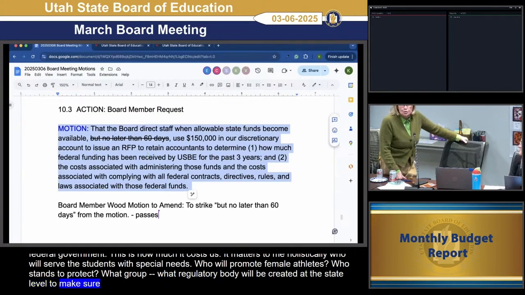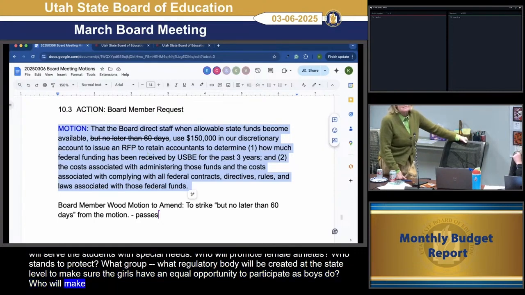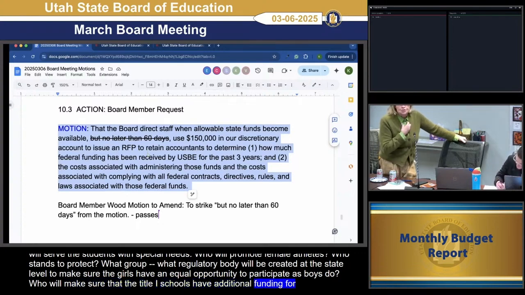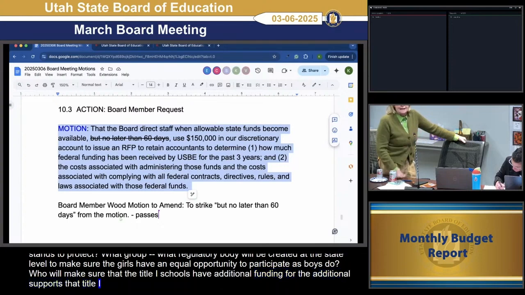Who will make sure that the Title I schools have additional funding for the additional supports that Title I schools need? Those are schools that are predominantly in my district between Salt Lake and Granite. Who will make sure that those Title I schools are adequately funded?